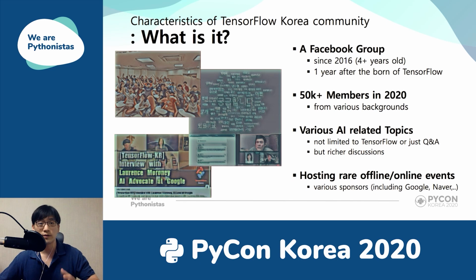That's quite a different aspect from other communities, I think. Also, we are holding lots of great events, online and offline. During the COVID-19 pandemic, we have held awesome untact online seminars with the lead of Google AI advocate, Professor Cho Kyunghyun from New York University, and an NVIDIA engineer from Silicon Valley.